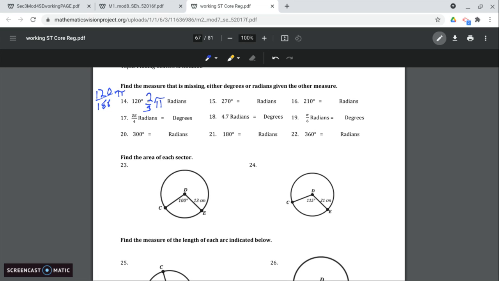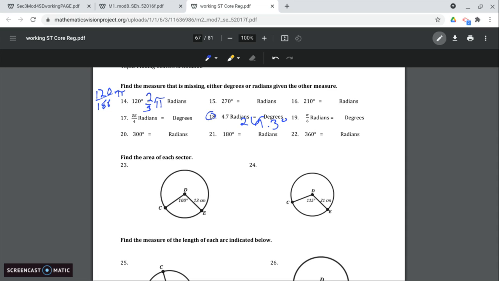For our degrees, it's a little weird. So we take the 4.7 and we actually divide it by pi because it's already been multiplied by it. That's the only way we could have that decimal. And then we multiply that, because that'll give us 1.49, times 180, which will give us 269.3 degrees.